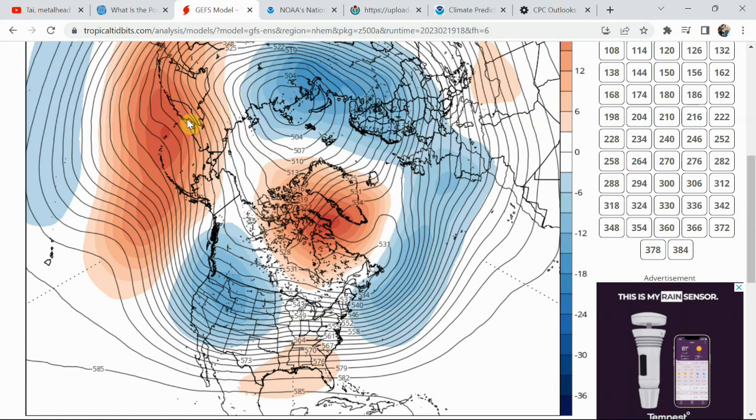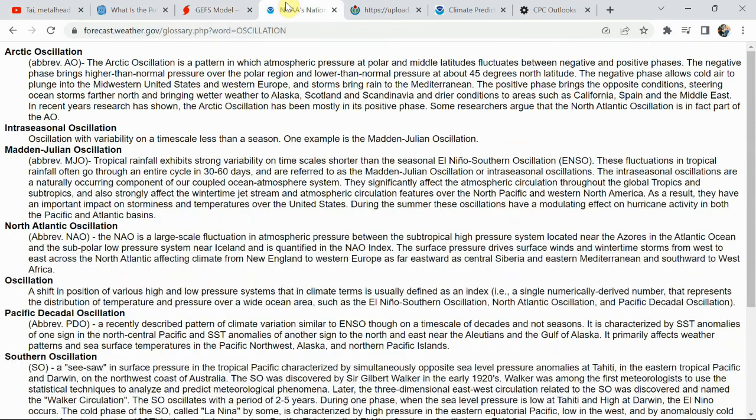The ensembles, I feel like they do a better job than the operationals, but you can't take this kind of stuff for granted, and you can't just try to jump on making these kinds of forecasts off of just hearsay. It's foolhardy. But anyway, that's what we're potentially dealing with right now.